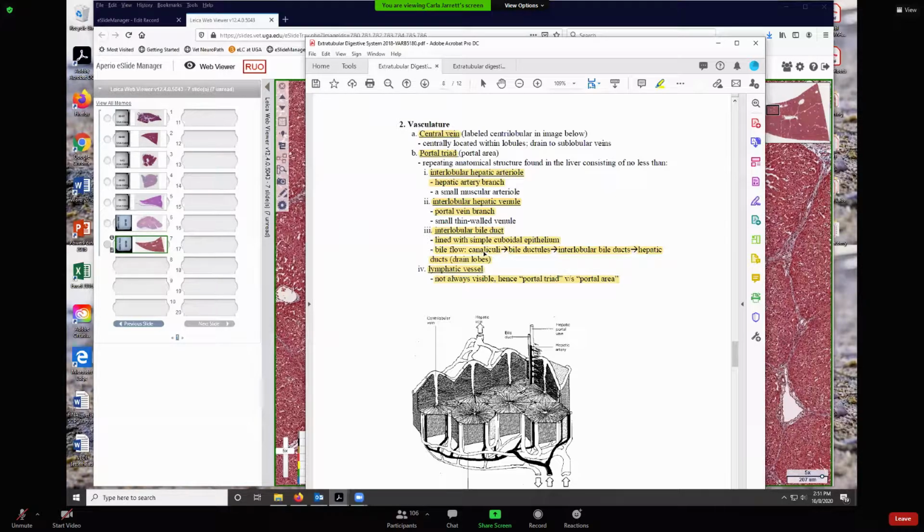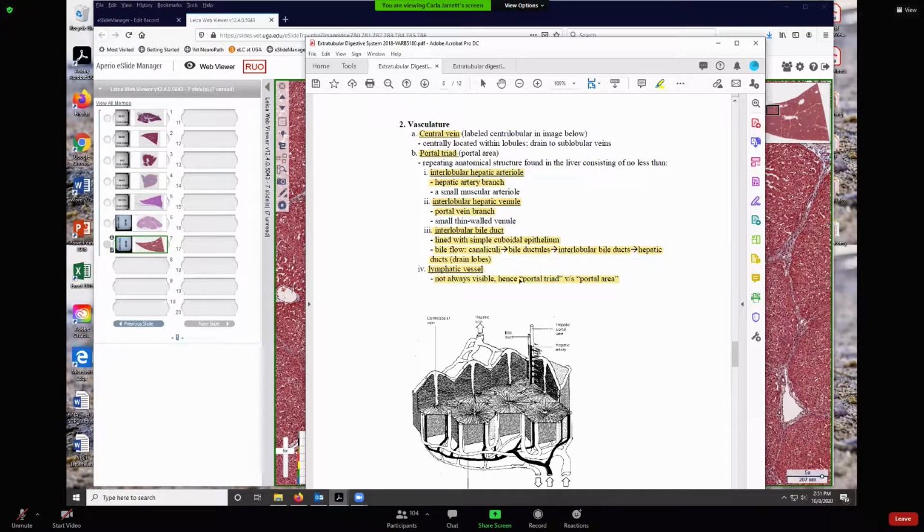And we're going to look at the flow of the bile. It starts with canaliculi, goes to bile ductules, which we won't really see, goes to interlobular bile ducts, and then on out to the individual hepatic ducts, which you might have seen draining each lobe and then converging together to form that bile duct. We're also going to see lymphatic vessels in these interlobular areas, but not always.